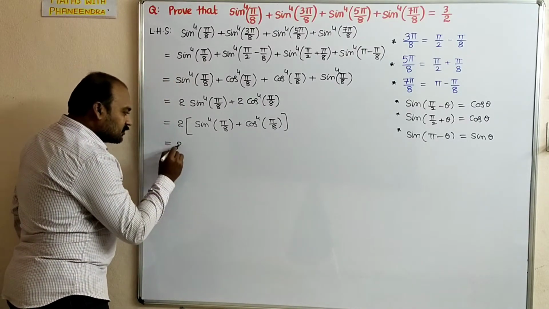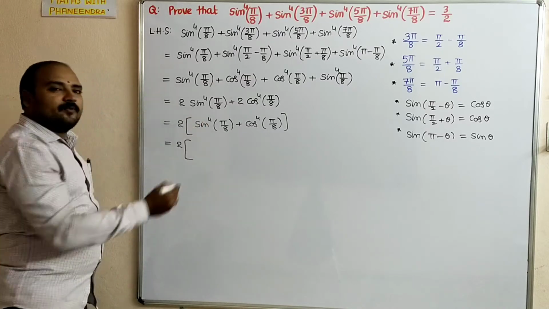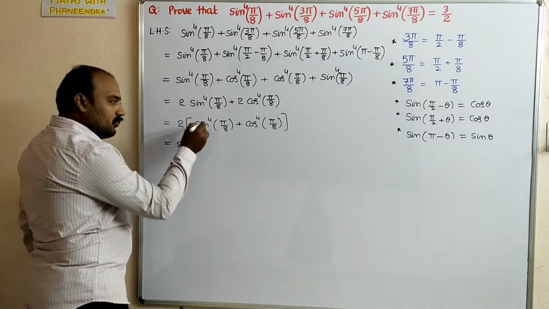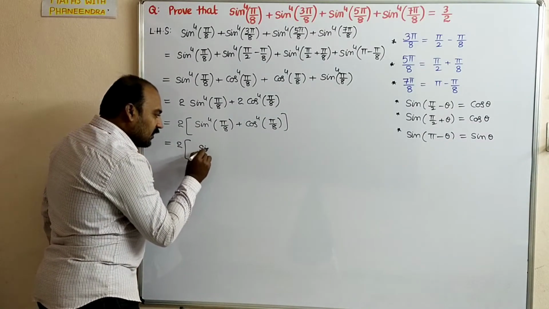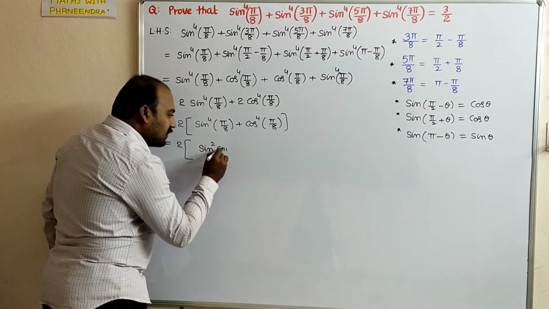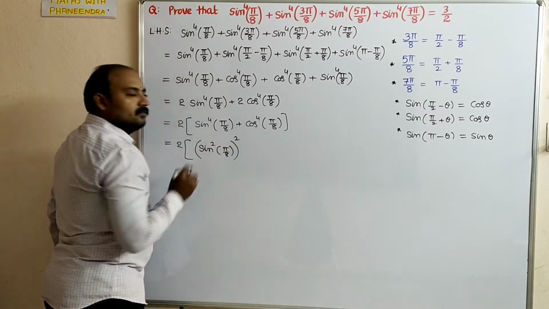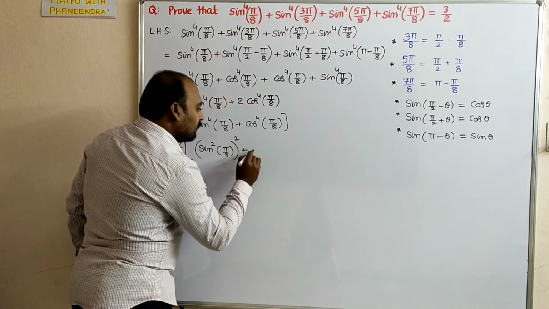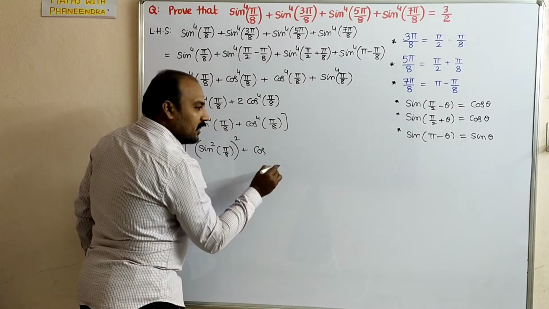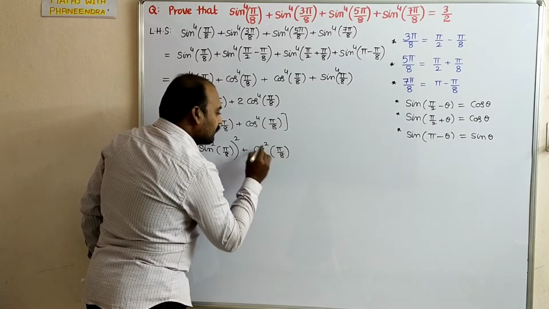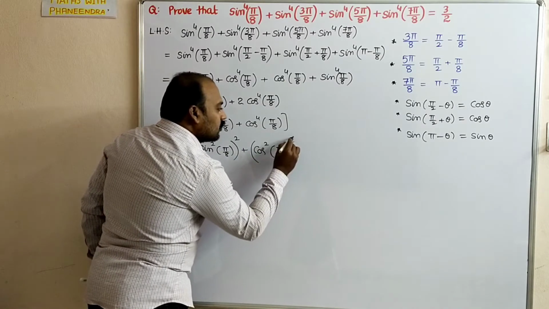Sin power 4 theta can be written as sin square theta whole square. So we can write it as sin square pi by 8 whole square plus cos power 4 pi by 8 can be written as cos square pi by 8 whole square.